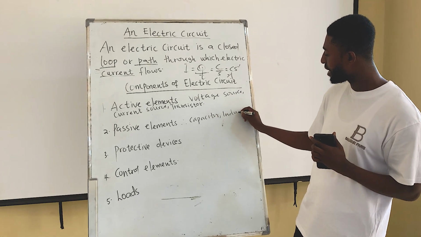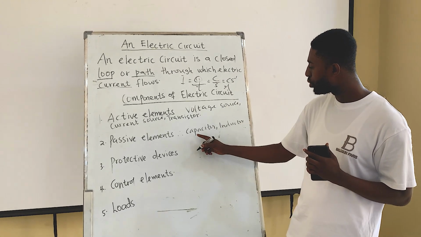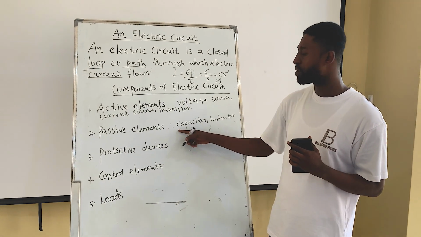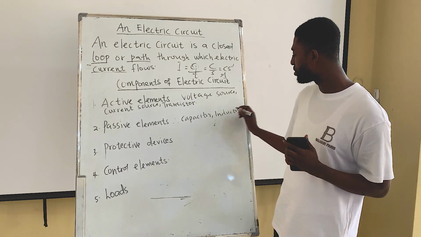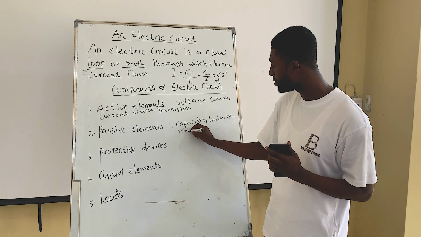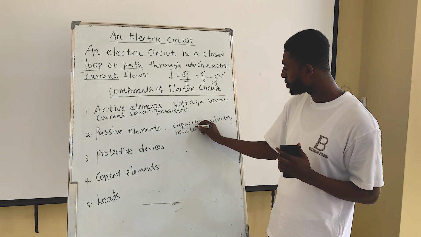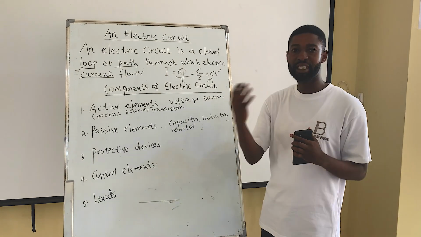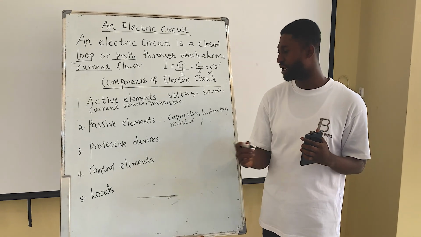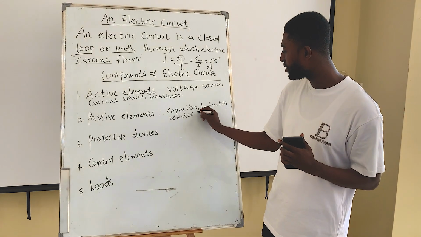We can have an inductor, which is also used to store energy in the magnetic component when current flows. Then we can also have a resistor, which is used to impede the flow of electric current. So if you want to impede the flow of electric current, you can use what we call a resistor.